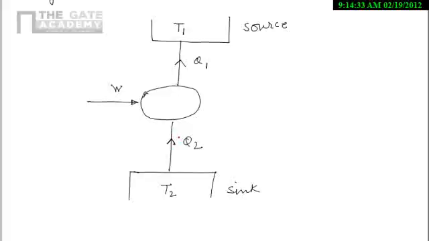So in case of refrigeration, we are interested in COP rather than efficiency. I will write for refrigerator, and the same cycle I can use for heat pump also. Both processes can be shown by this block diagram, but the interest is different.